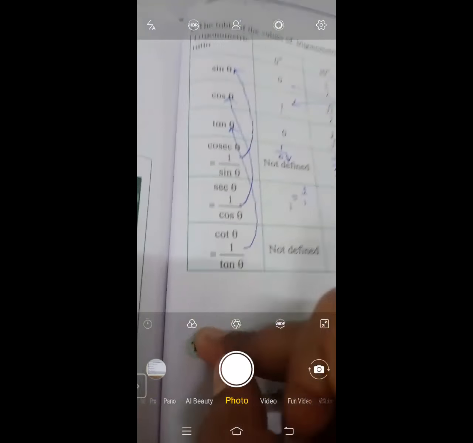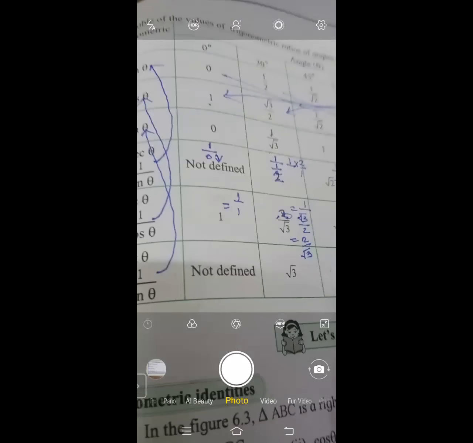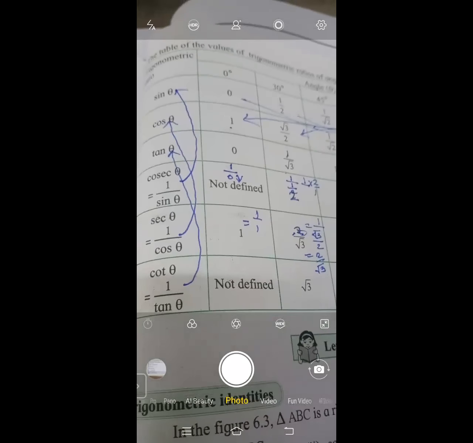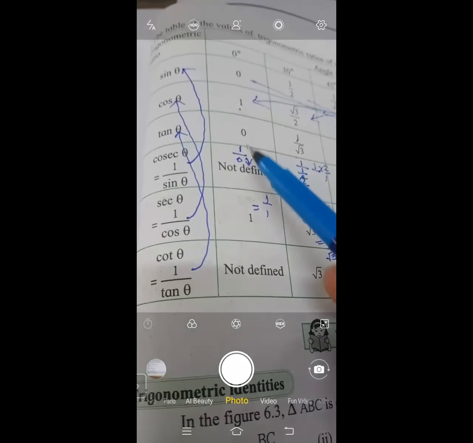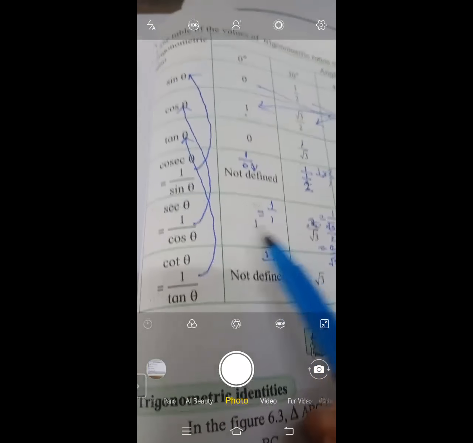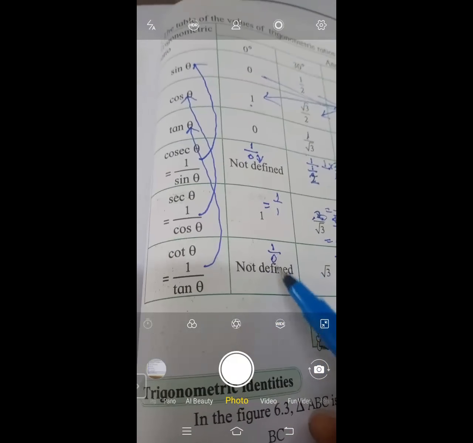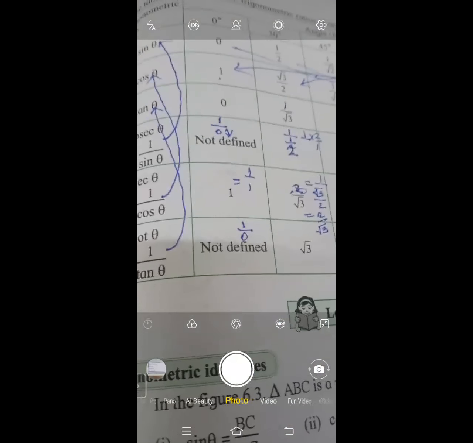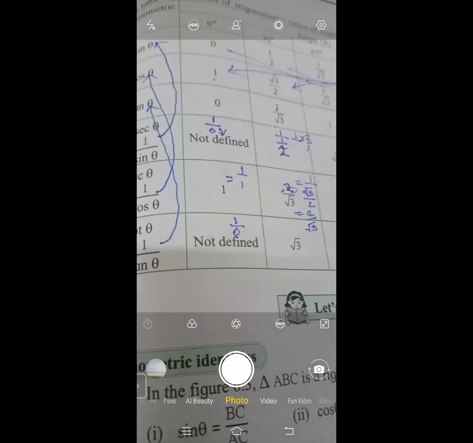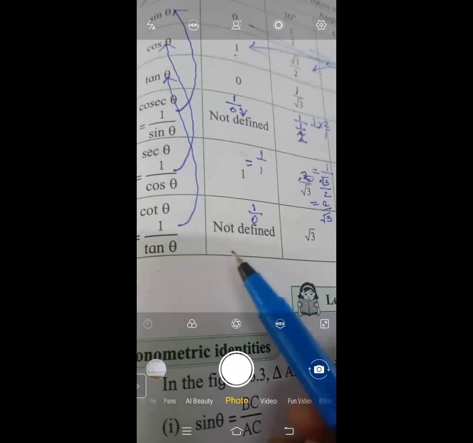For cot theta, which is equal to 1 upon tan theta, you can go for the values of 1 upon tan theta. So 1 upon tan 0 is 1 divided by 0. Zero is there in the denominator, which depicts that the value goes till infinity. So we write not defined in the table.